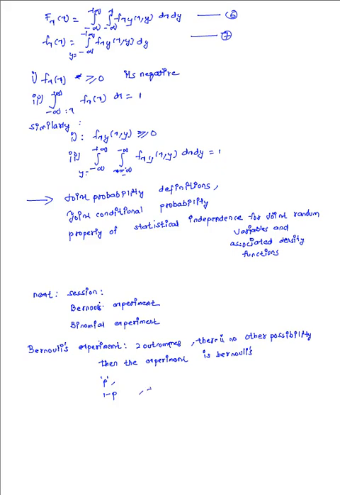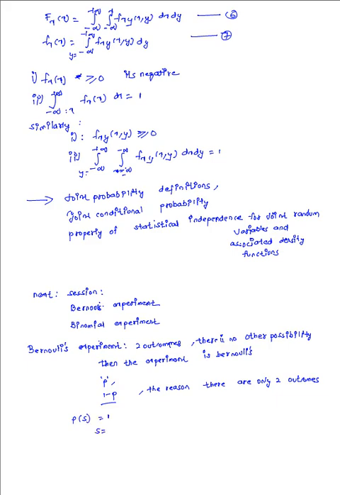The reason is there are only two outcomes. The sample space has only two events, so P of sample is 1.